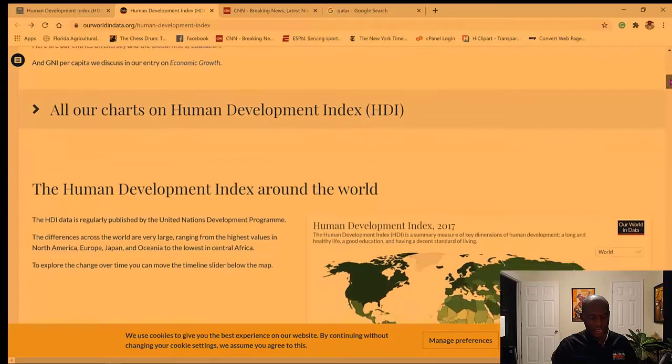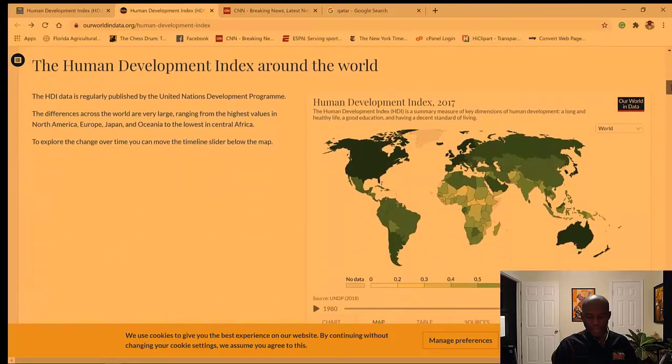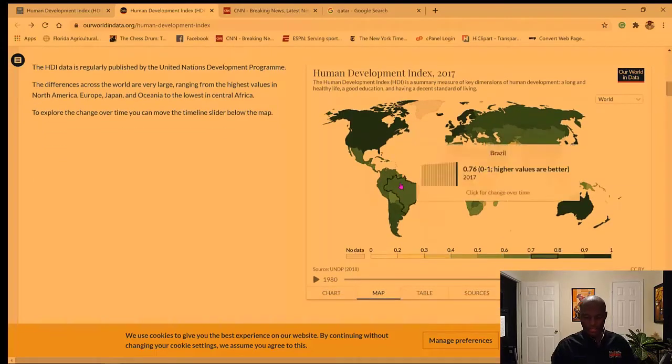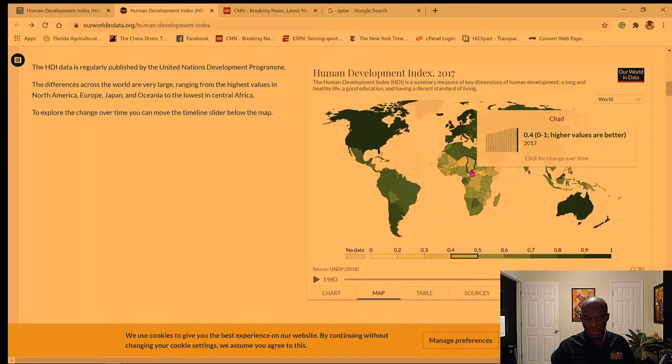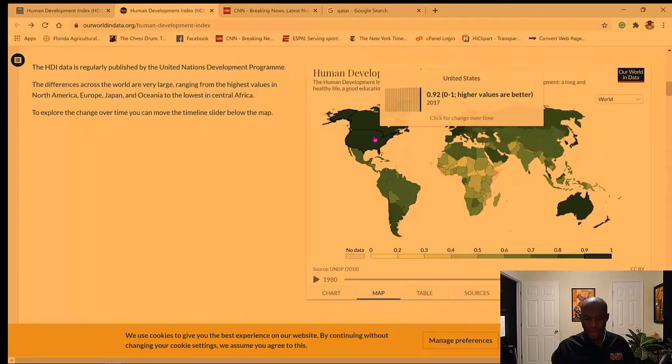So how exactly is that defined? If we look further down, we'll see a color-coded map that gives you an indication of some of these metrics, and they even have graphs.